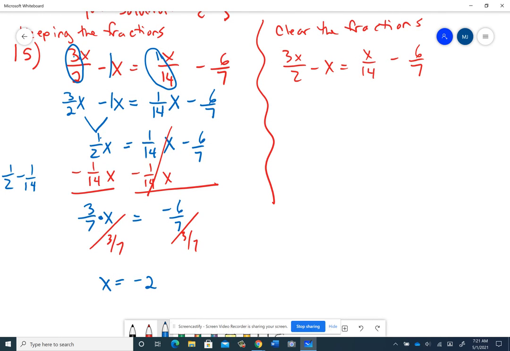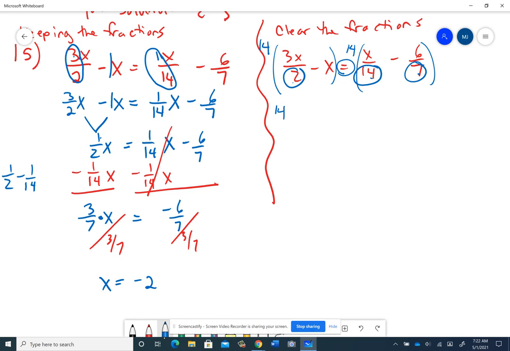If you do this by clearing fractions, you look at all the denominators and think about what one number would knock them all out if you were to multiply them. The reason is this is an equation, so you could multiply the left side and the right side by the same thing and it wouldn't change the problem. If we multiply both sides by 14, 14 would be big enough to knock out 14, but it would also knock out 7 and 2.